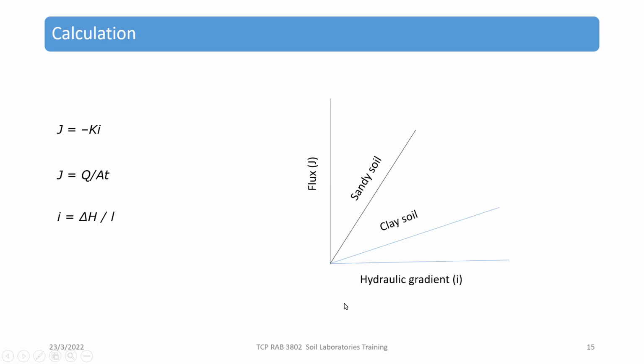And in this graph you can see that the sandy soil is higher than the clay soil in terms of the slope, the angle. So sandy soils have a greater hydraulic conductivity in comparison with clay soils.